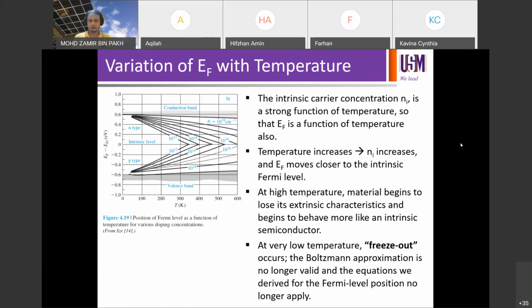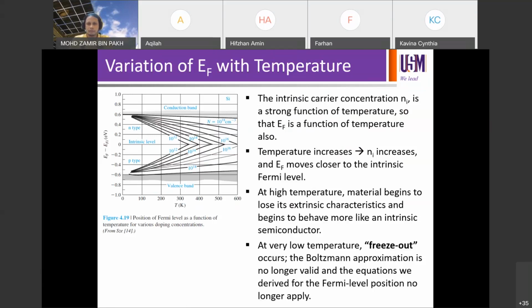So next, what's going to happen to the EF with temperature? So let's say the EF minus EF intrinsic is on your y-axis and temperature on the x-axis. The intrinsic carrier concentration Ni is a strong function of temperature.